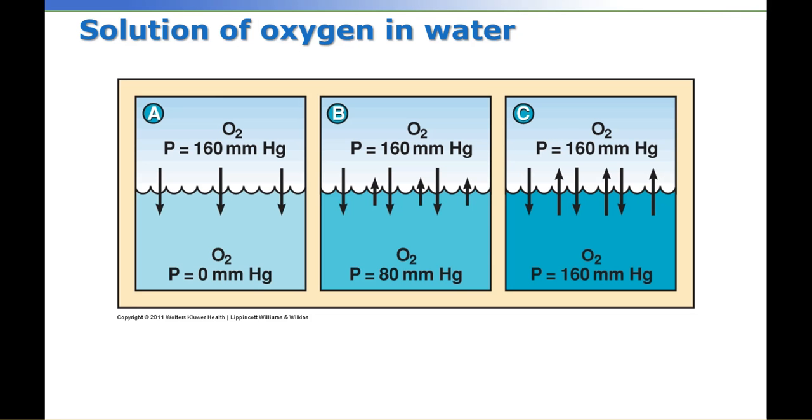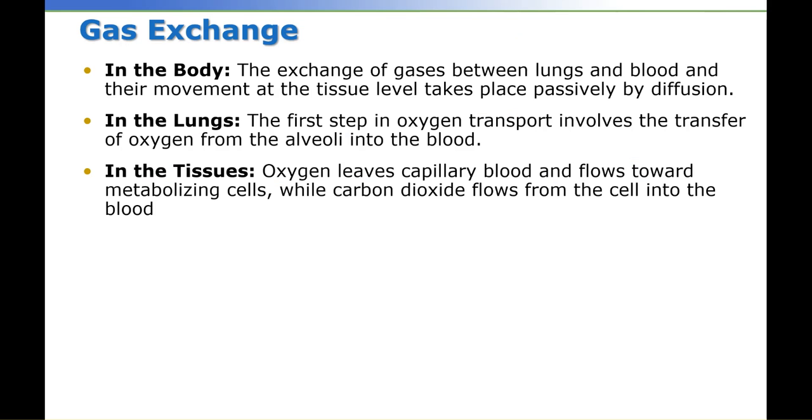And so you still have diffusion going from outside to inside the water. More so, you do have a little bit of oxygen going out because there is some pressure. But then it's homeostasis where you have 160 and 160, so there's a balance.